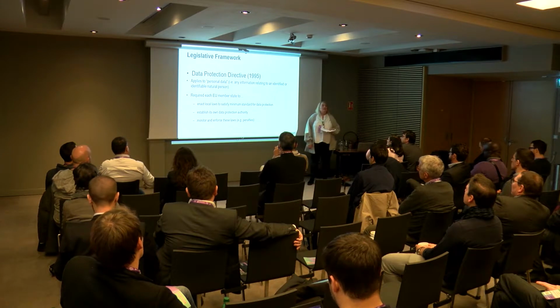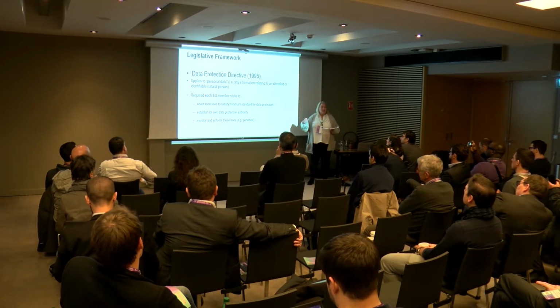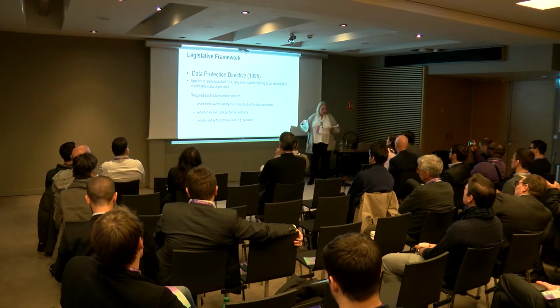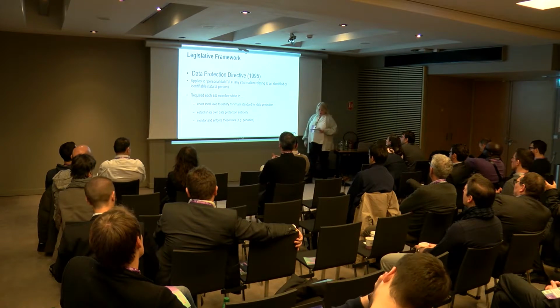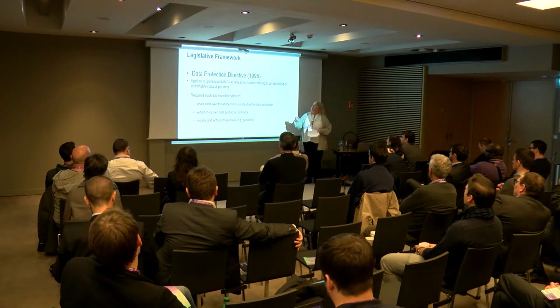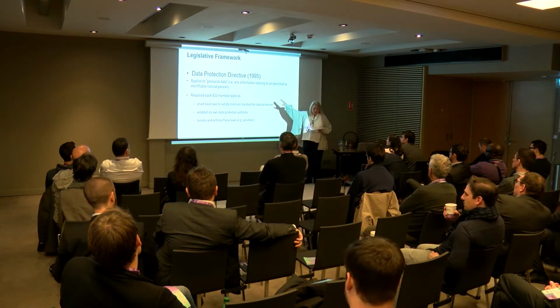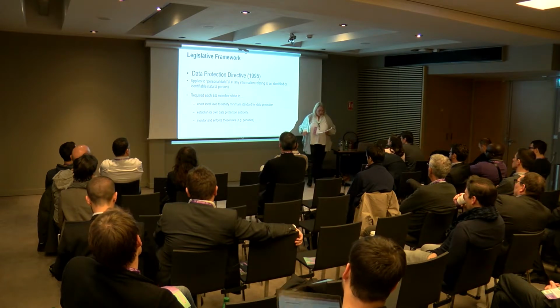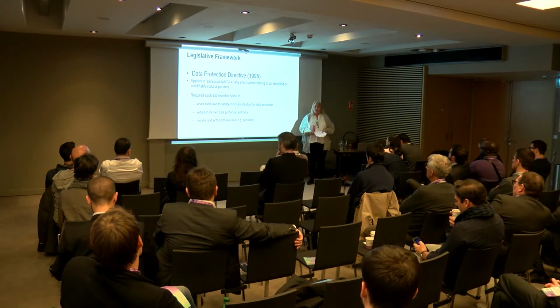The directive, as a directive, had to be implemented in each member state via national legislation. And the principles of the directive have been implemented in all of the European member states. And although those laws all originate from the base directive, there is significant variation among the member states' substantive and procedural data protection laws.